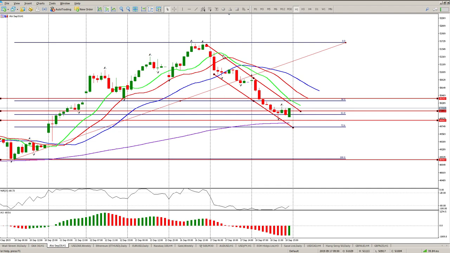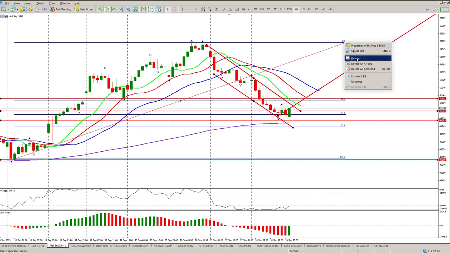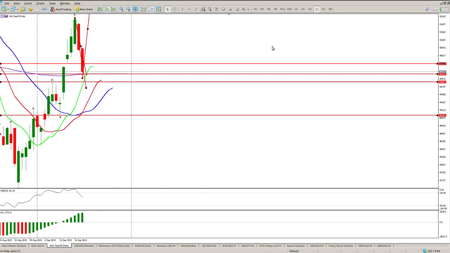A break up out of this channel, there's a nice sort of medium-term trade back to test the highs. If we get through the highs, then we can look for a second move, pretty much from there to there, and something like that. Let's just tidy this up and come to the daily.